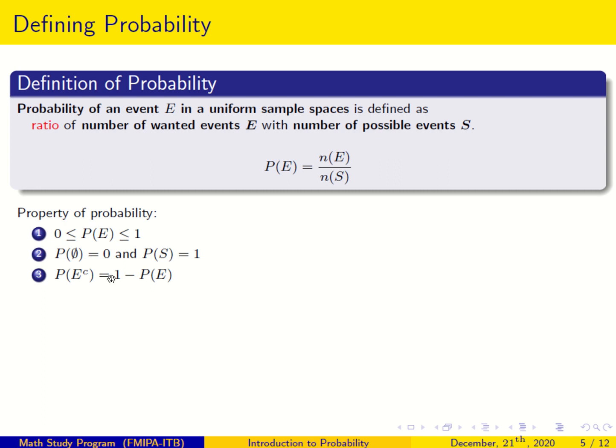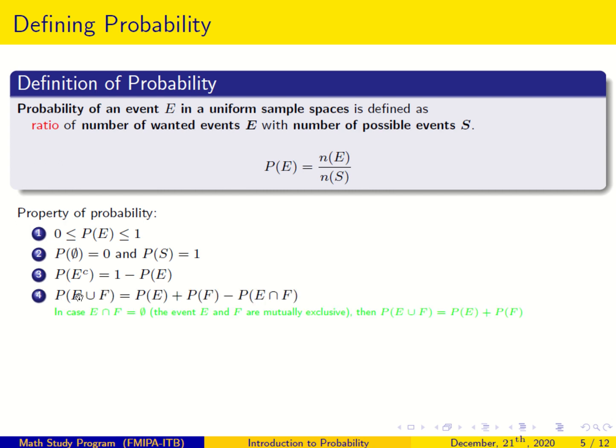The probability of E complement is 1 minus the probability of E, and the probability of E union F is the probability of E plus the probability of F minus the probability of E intersection F. This comes from the Venn diagram.